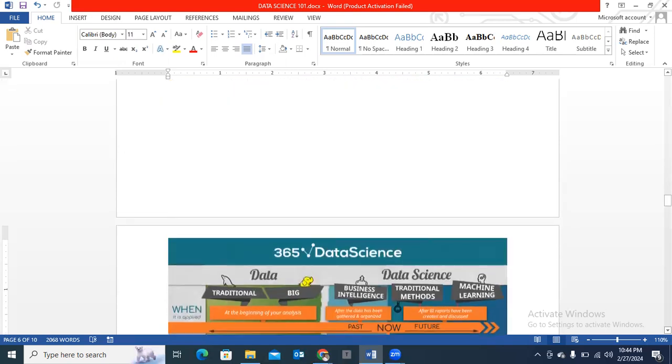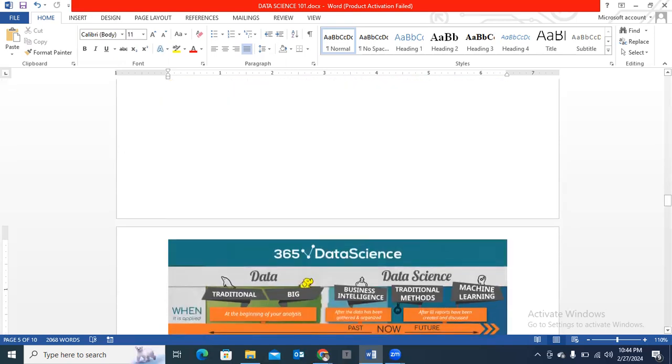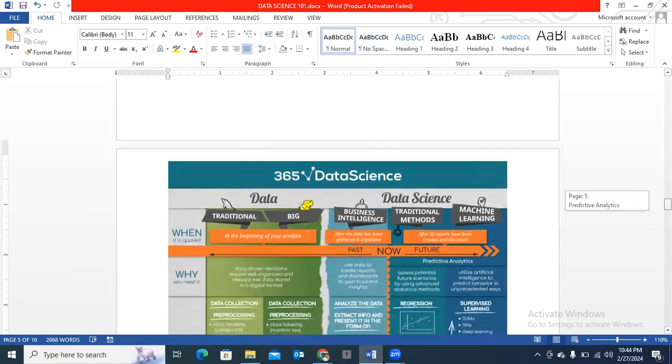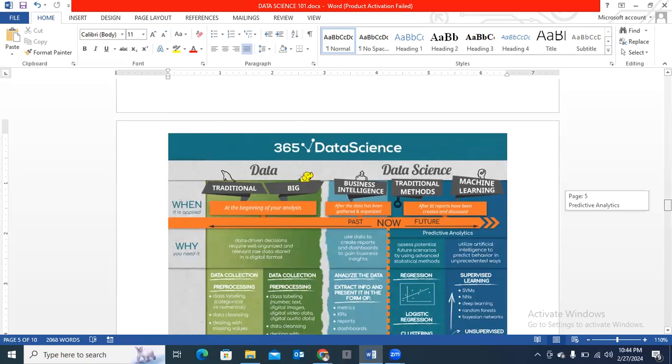So next, I want to explain this particular diagram that gives us a general overview of data science. Now, we've talked about data. In data science, we have two types of data, the traditional data and the big data.